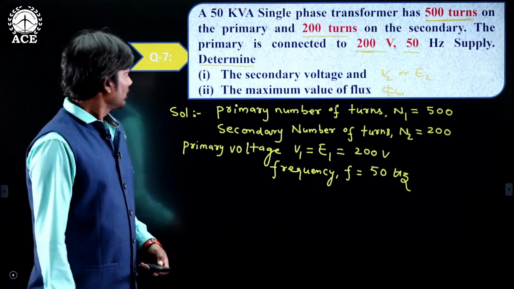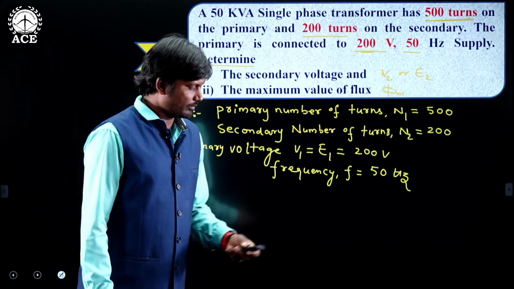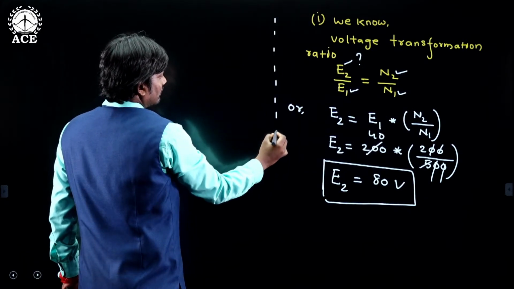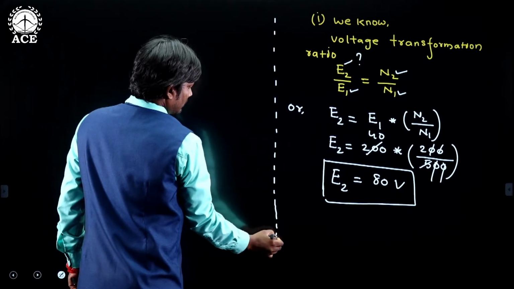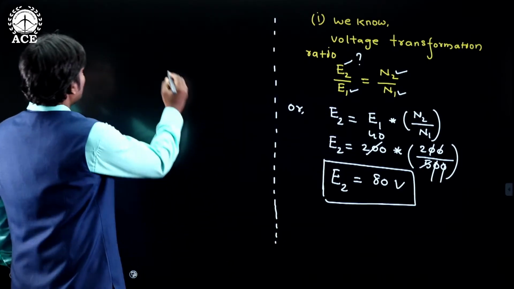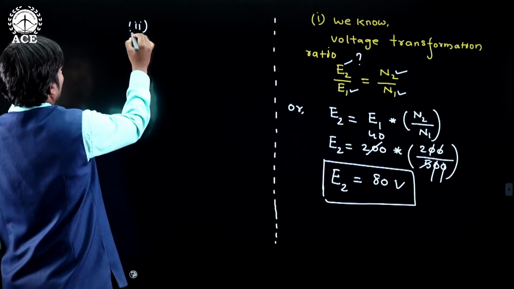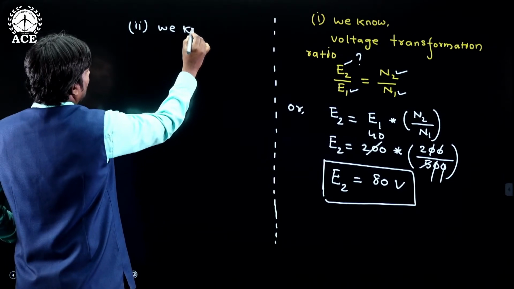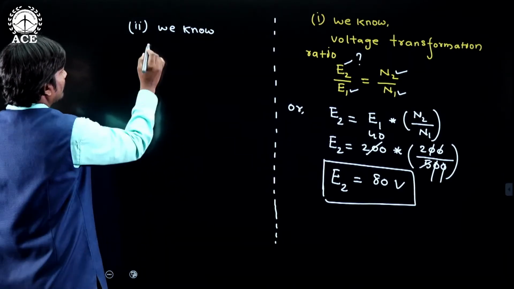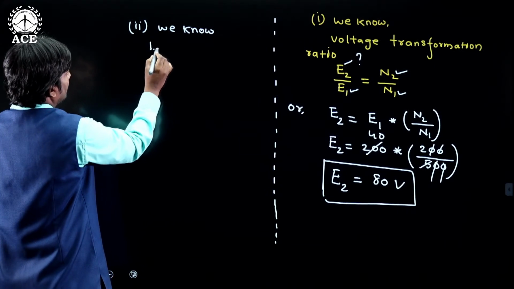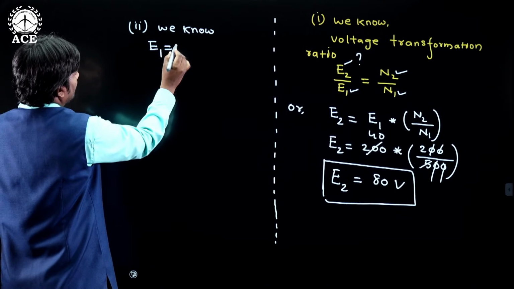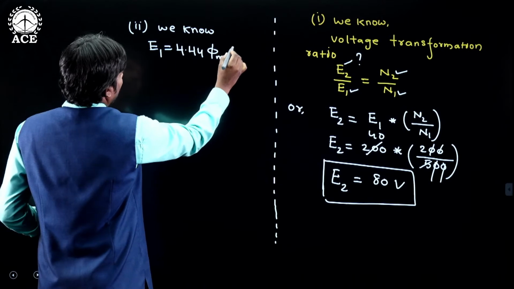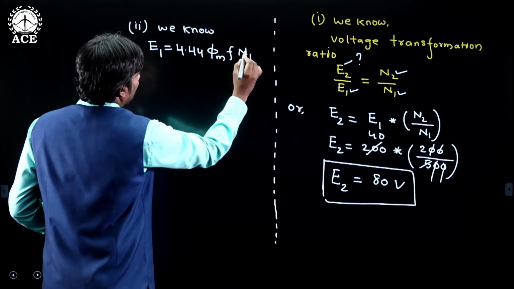Now what is our second parameter? The maximum flux. We know the EMF equation of the transformer: E1 is equal to 4.44 phi m F N1.